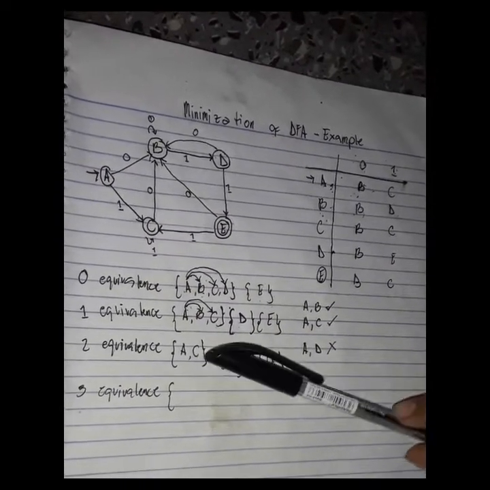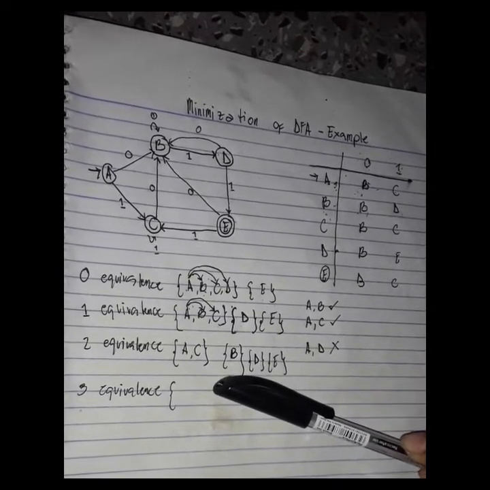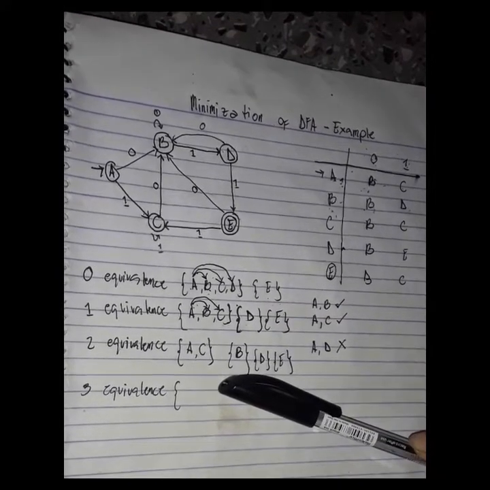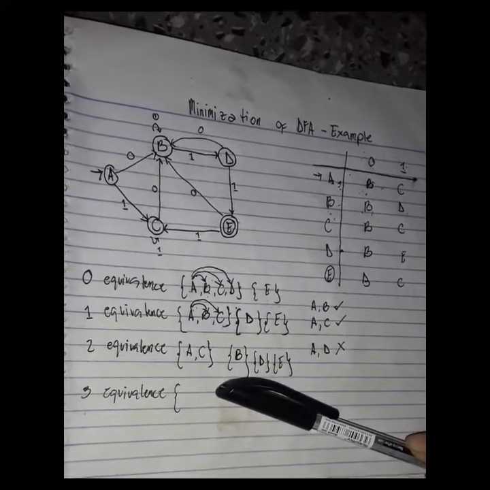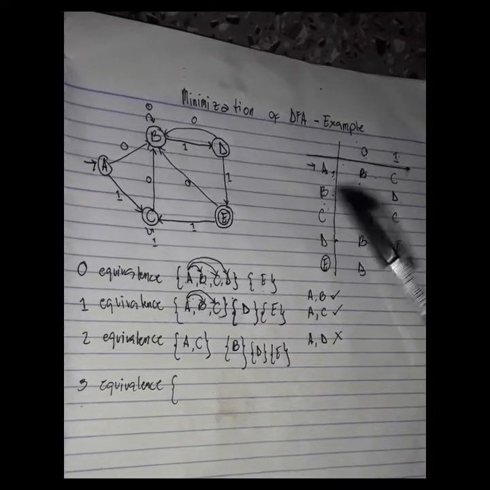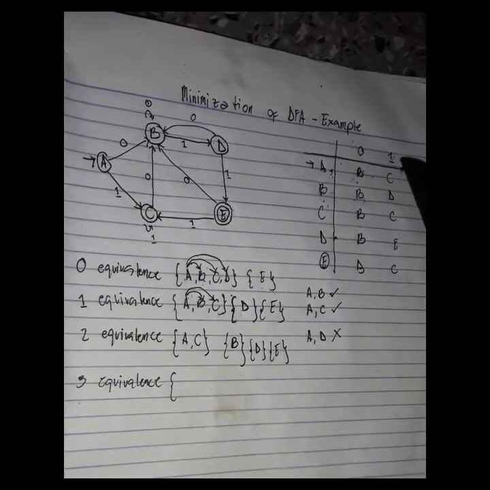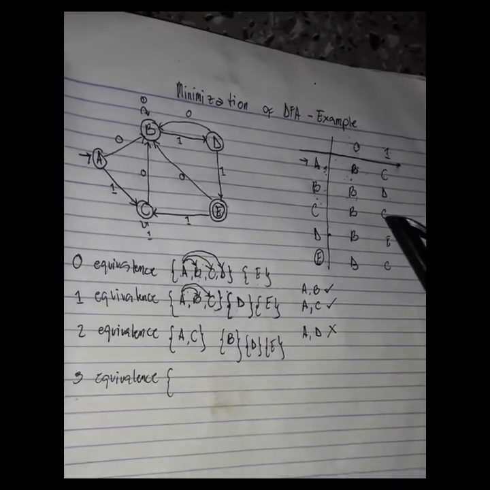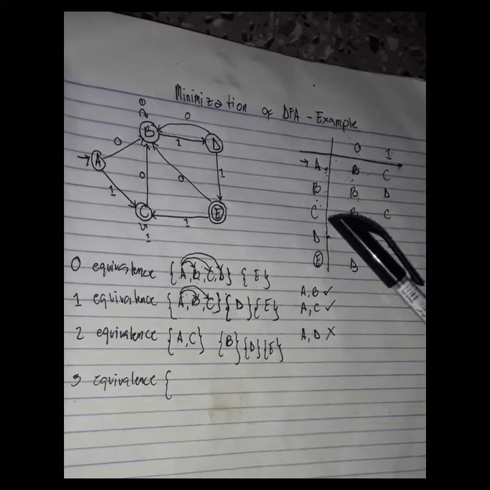Then one set. So the one input of A goes to C, and the one input of C goes to C. So they are okay.